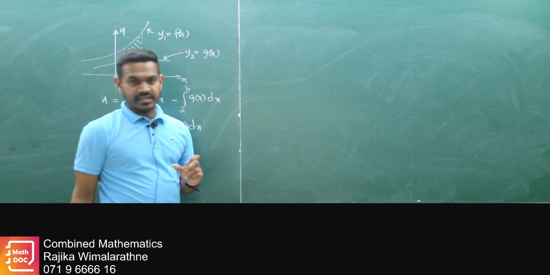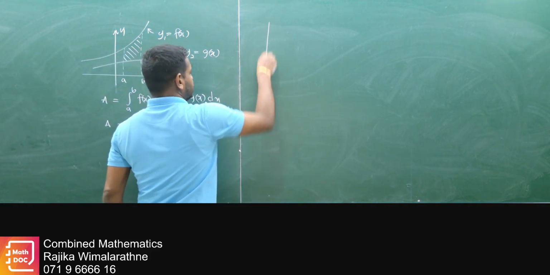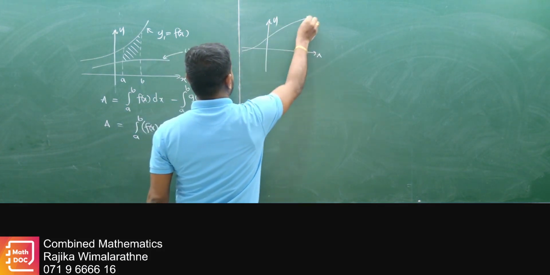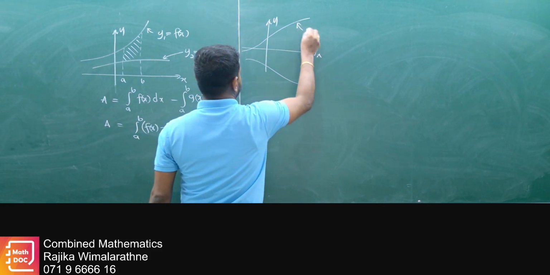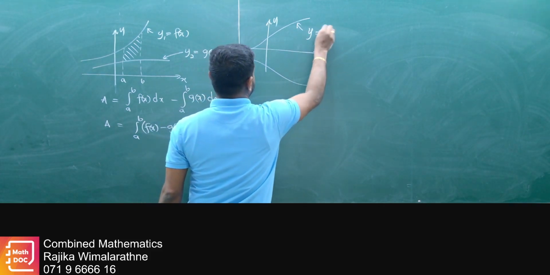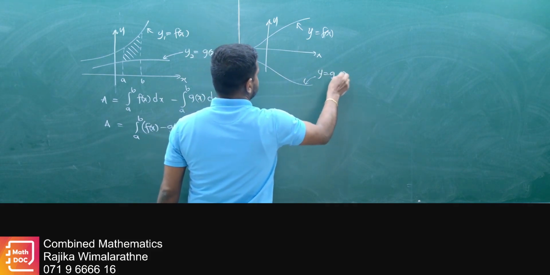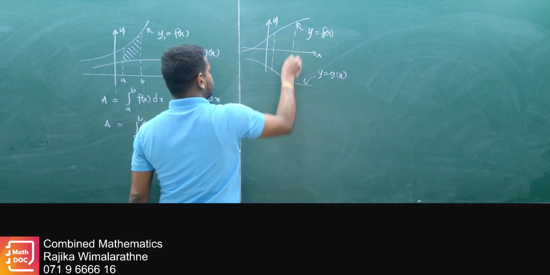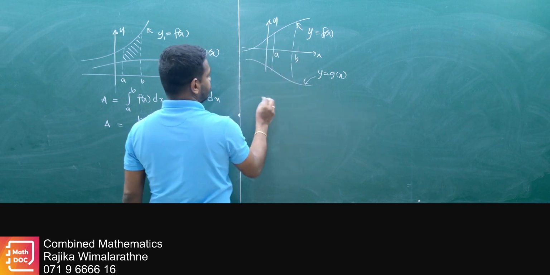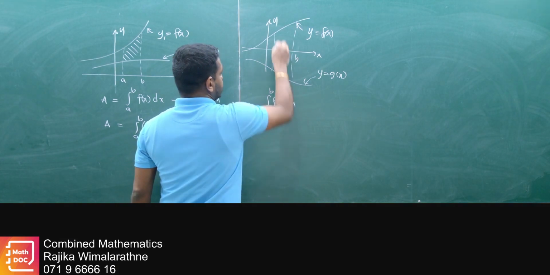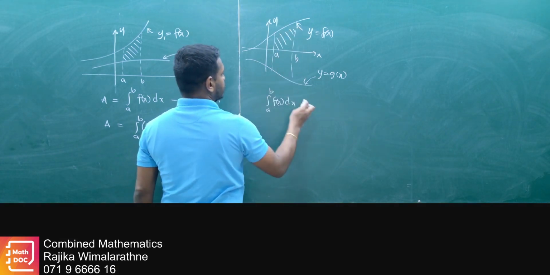bounded region. So the function here, x-axis, y-axis, like this. Here y equals f(x). Here y equals g(x). Then here this area AB: a to b f(x) dx represents this area.